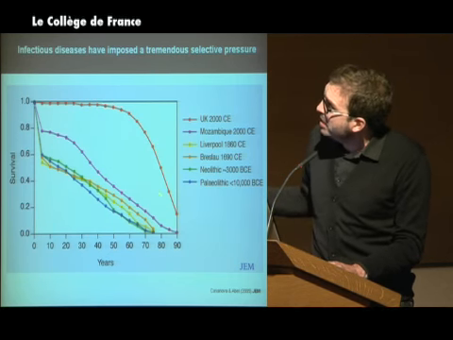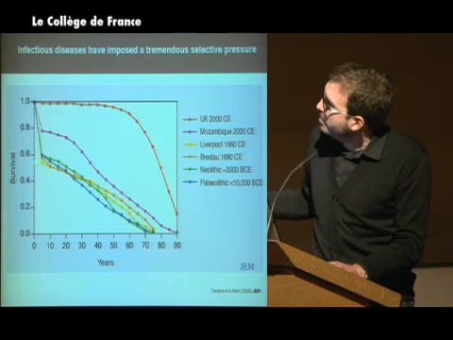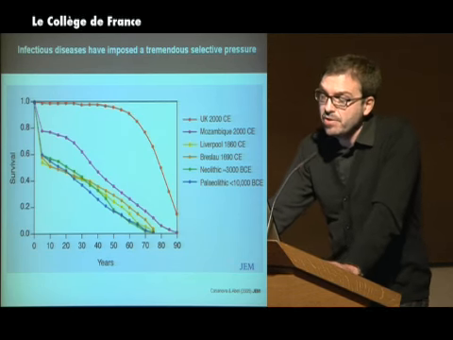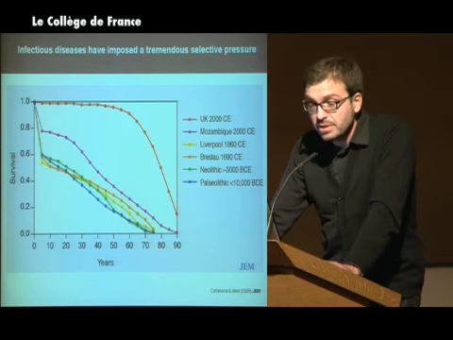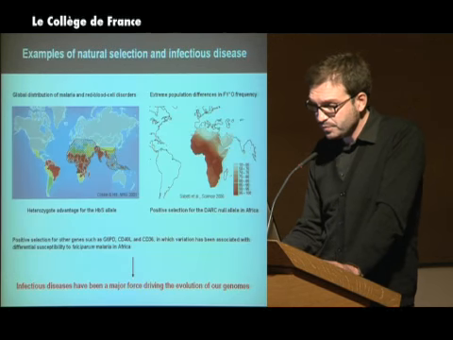While in many other countries, mostly developing countries, for example in Mozambique in 2000, around 55% of the population reached the age of 40, which again highlights how infectious diseases have been an enormous selective pressure, but how infectious diseases are still an enormous selective pressure.